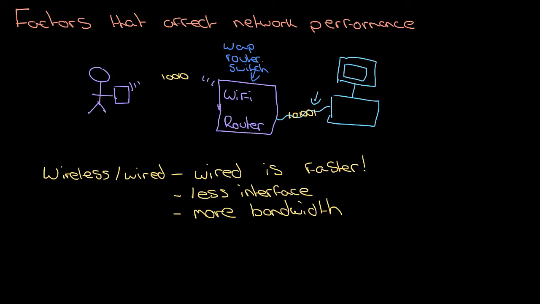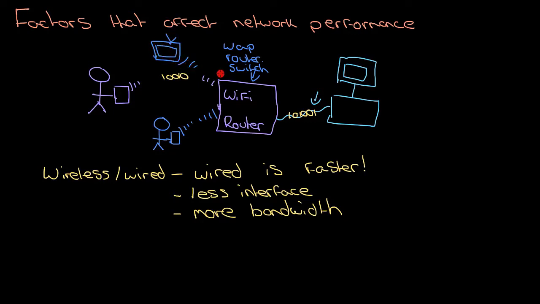The second thing that's worth considering is how many people are using the network at once and what they are doing on it. So imagine now we are increasing the number of users that you've got. You've got somebody looking at social media on their smartphone.